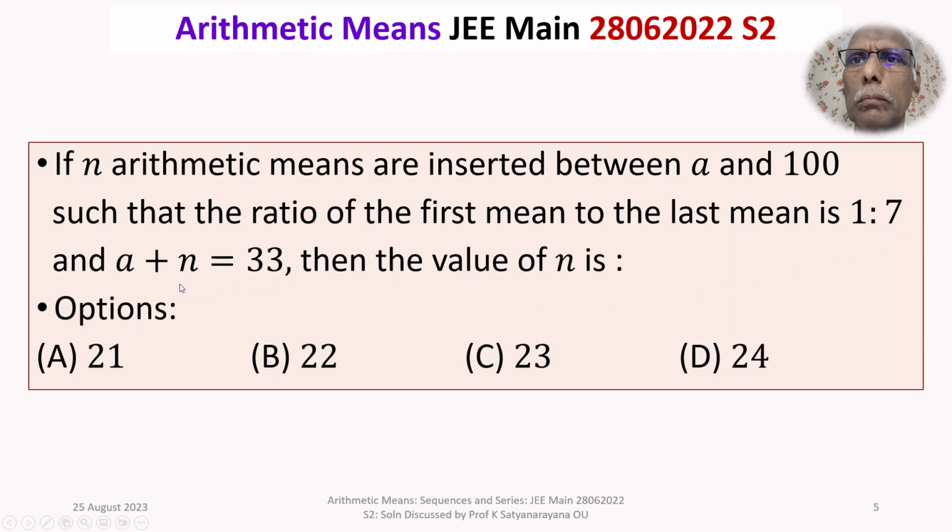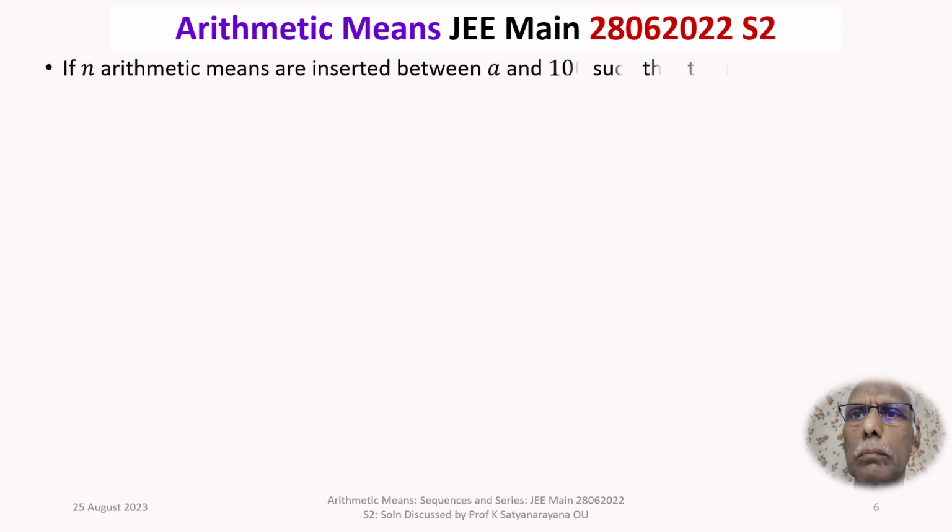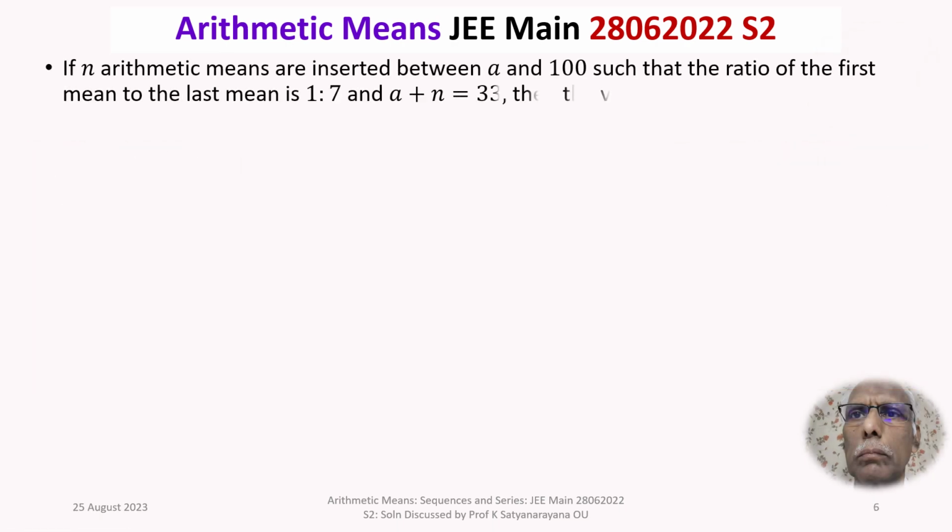We are further given a relation between a and n as a plus n is equal to 33, and required to find the value of n. We now discuss the solution of the problem in detail.